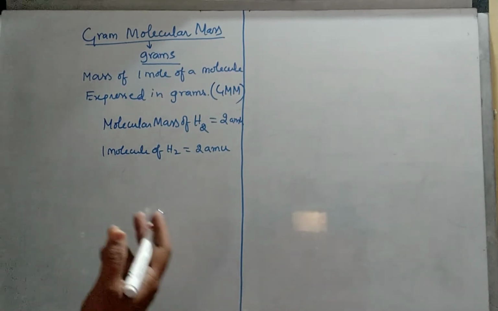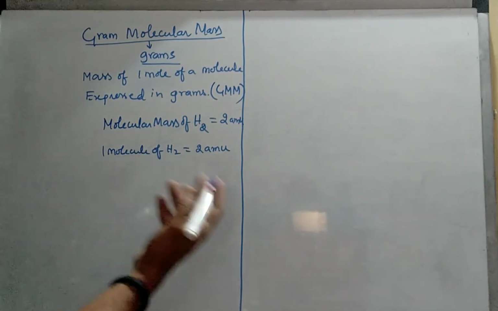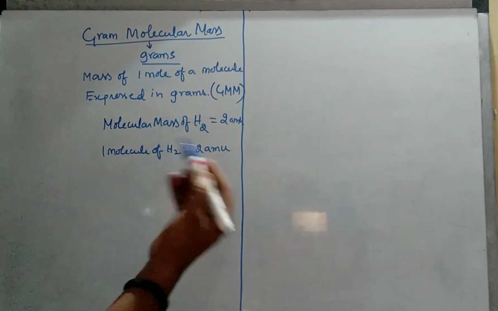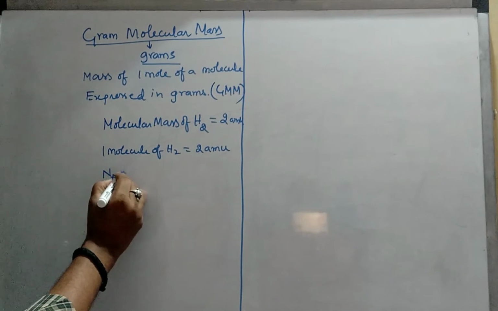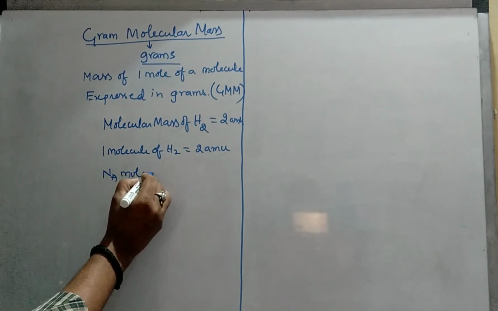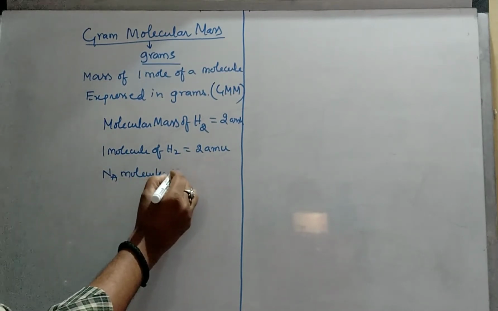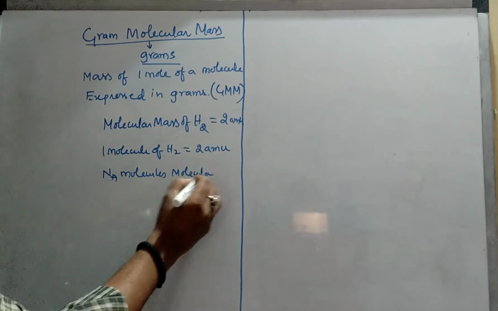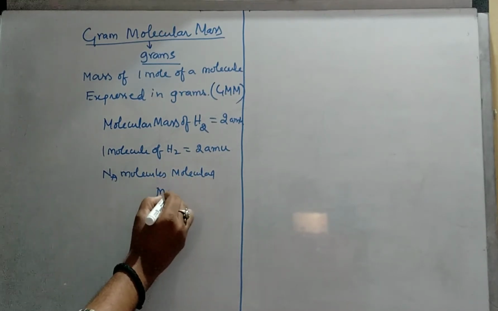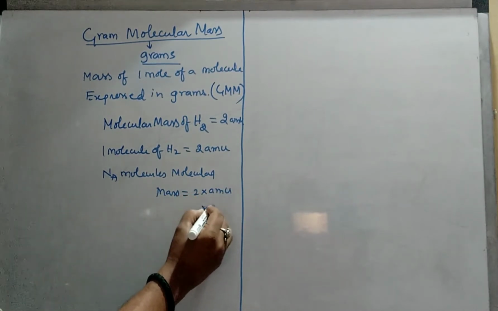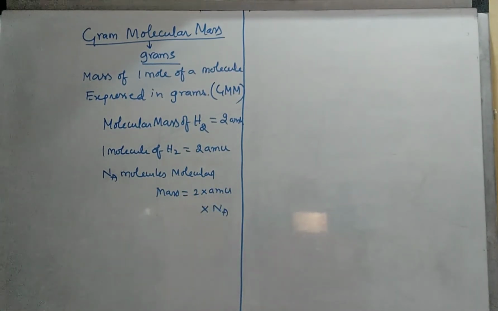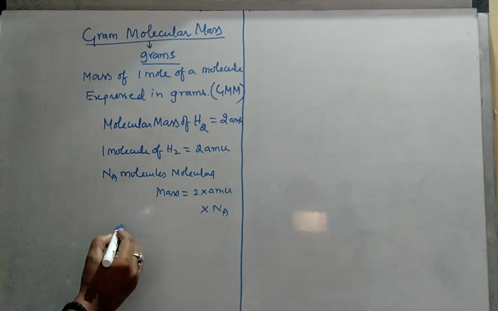But if you go for grams, you have to multiply with Avogadro number, Na molecules. Molecular mass means you have to multiply this 2 AMU by Avogadro number. So what will we get here?